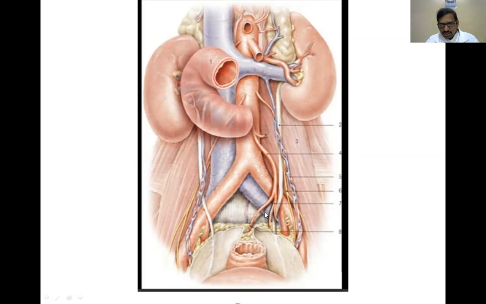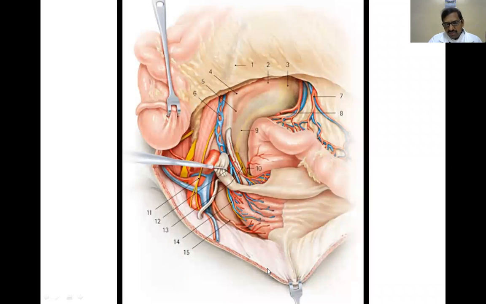Next, it continues as the pelvic part of the ureter. The pelvic part is divided into three parts: first the vertical part, then the horizontal part, then the intramural part.